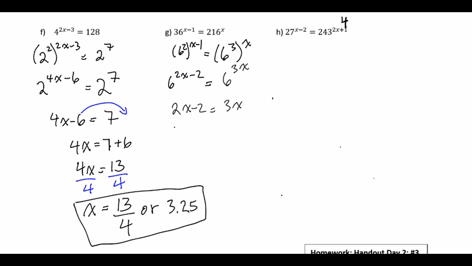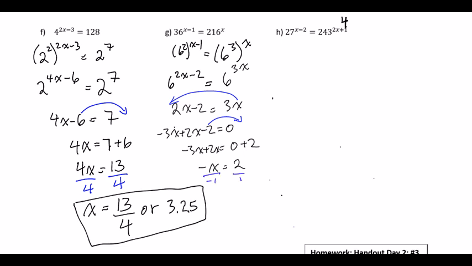So I'm going to move my 3x over to the front, and it becomes minus 3x plus 2x minus 2 equals 0. And I have a minus 2 on the wrong side, so I'm going to move that over here. So now we get 0 plus 2 is negative 3x plus 2x, and we end up with negative x equals 2. And in order to get rid of that minus sign, we divide both sides by negative 1, and we end up with x equaling negative 2.